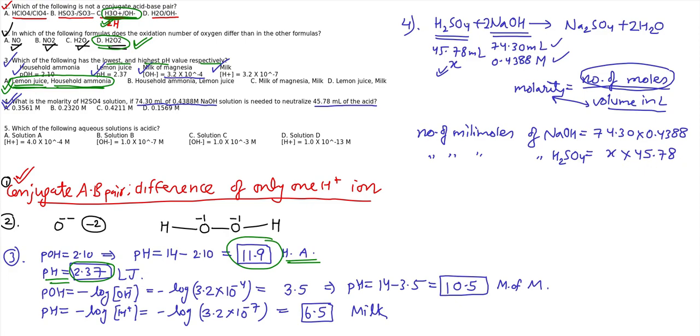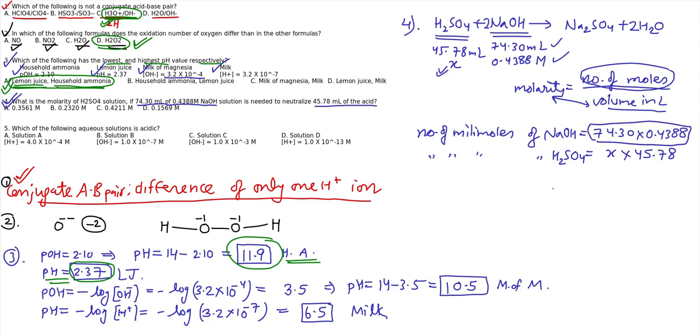But from the equation you know that the number of moles of H2SO4 must be half of the number of moles of NaOH. So the number of millimoles is this.